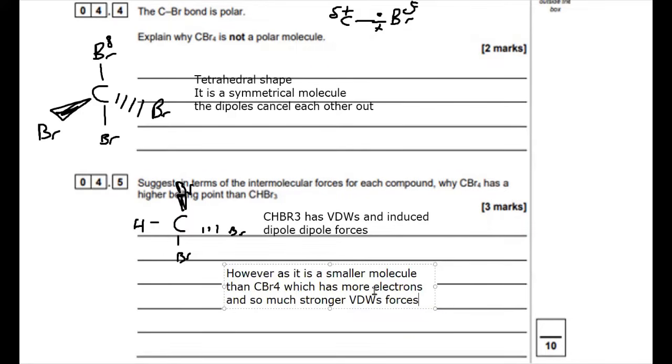If they were of a similar mass, the one with the extra intermolecular force, the dipole-dipole, the induced dipole-dipole, and the van der Waals would have the higher boiling point. However, as it is far smaller, it's got weaker van der Waals forces. And so that is our reason.